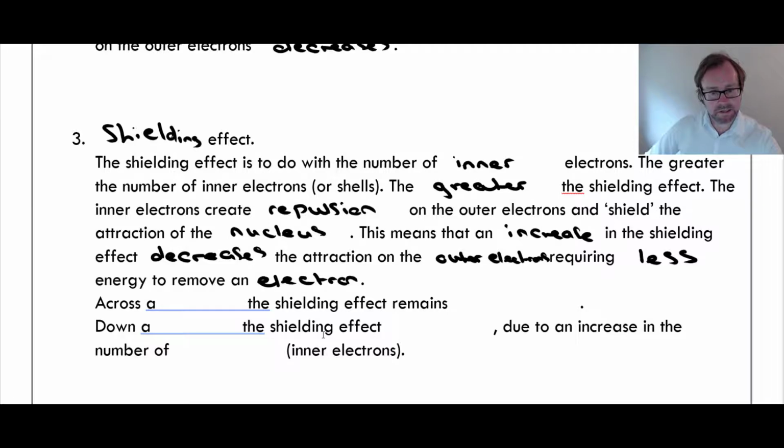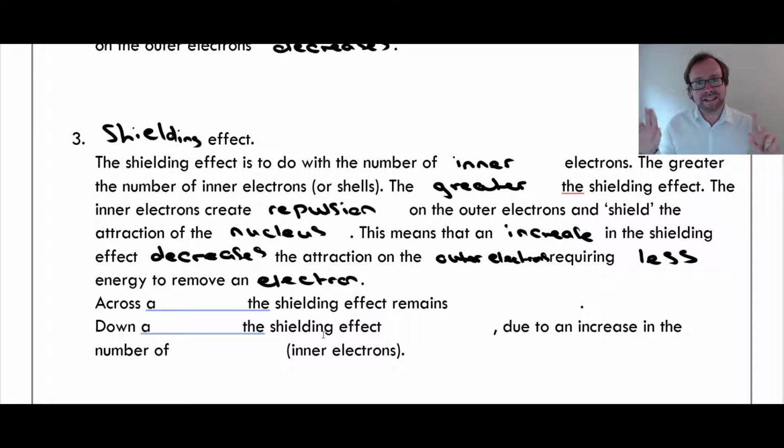And I'll just explain this before we go on to the next bit. So shielding effect is to do with the amount of inner electrons. If we have lots of inner electrons, this creates repulsion on the outer electrons because they're negatively charged, which means it's easier to remove an electron.